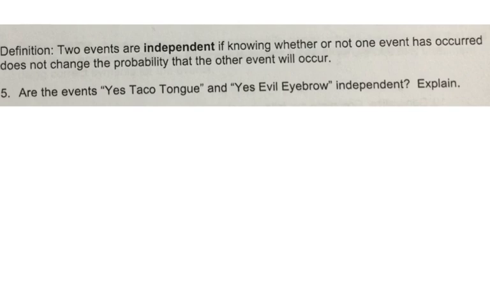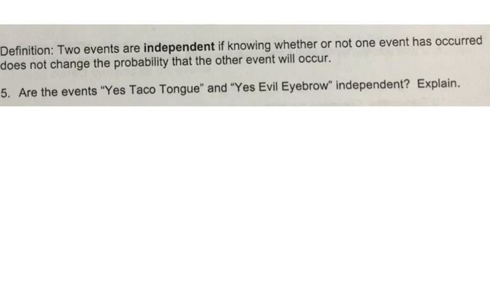So are those the same? No. And when I look here at this percentage for your last one, what about the people who couldn't evil eyebrow? How many of them could taco tongue? It's 40%. So if they are independent events, all 3 of those probabilities will be the same. Let me say that again. If they are independent events, your number 2, 3, and 4 will all have the same probability. So did they all have the same probability? No. So are they independent? No. That's your explanation.